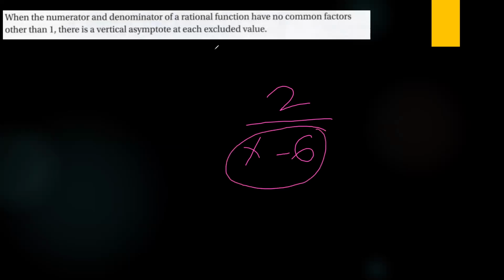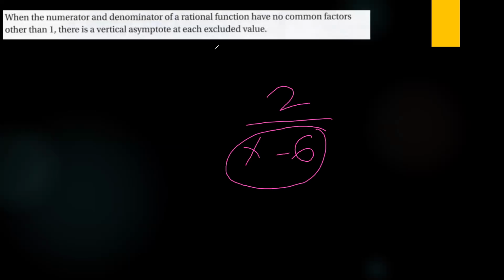But sometimes you have the graph as 2 over x minus 6, as an example. For this one, I told you to go to the denominator and take the zero of the denominator. The zero of the denominator will be the asymptote. But before this step, you have to notice that there is no common factor between the numerator and the denominator.